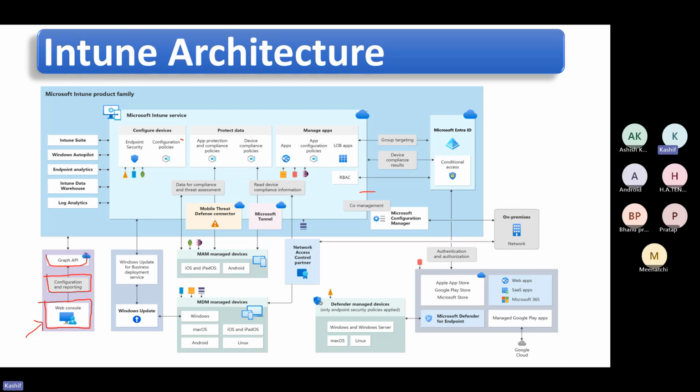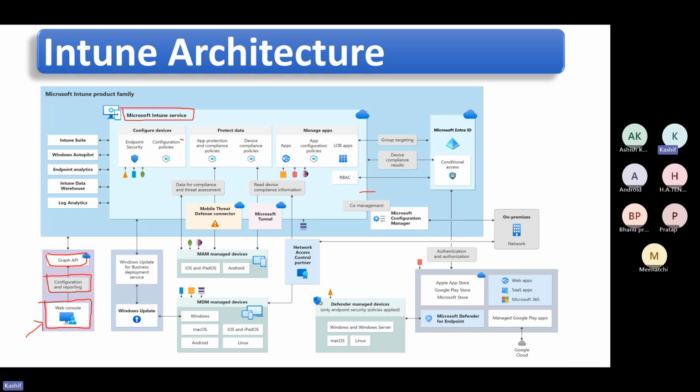Graph API is a communicator, like a communication bridge, which understands your requirement, what you would like to achieve. And that Graph API will connect you to the Intune services running in the backend.